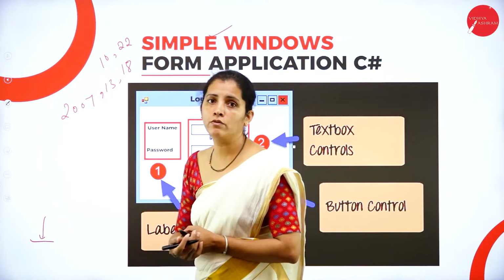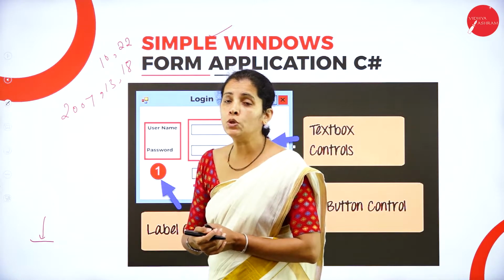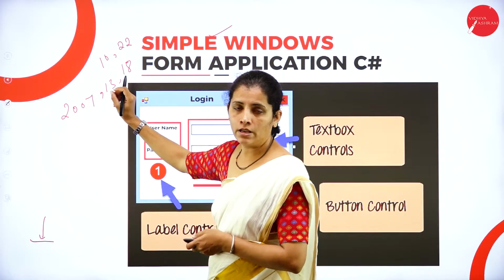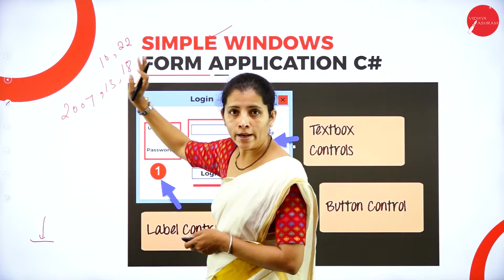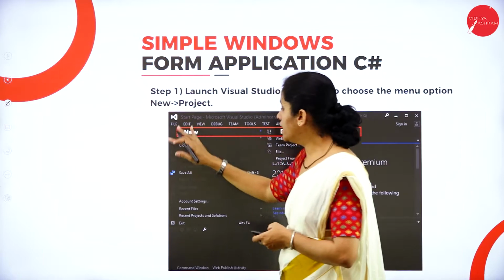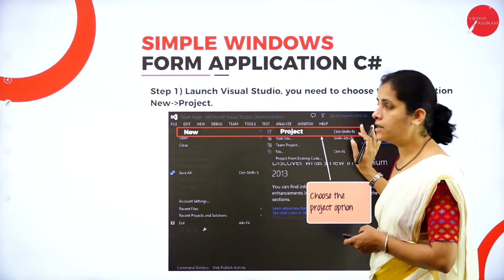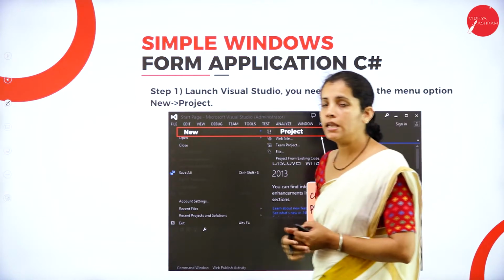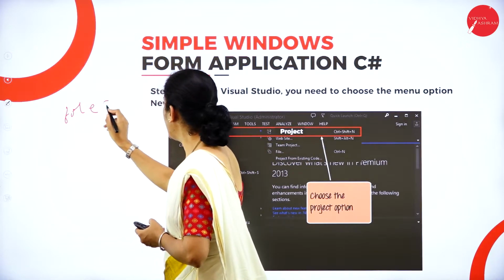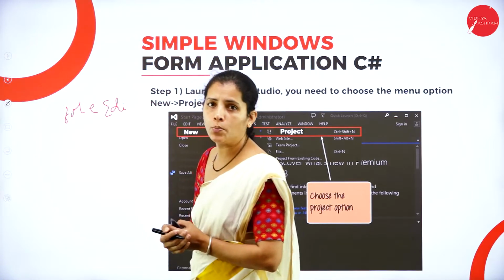In that you have to select Visual Studio and the particular version. Okay, now when you click that software, you're going to get this screen, and in this screen you have file or edit or view option.